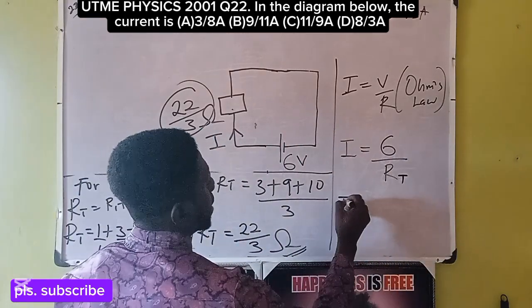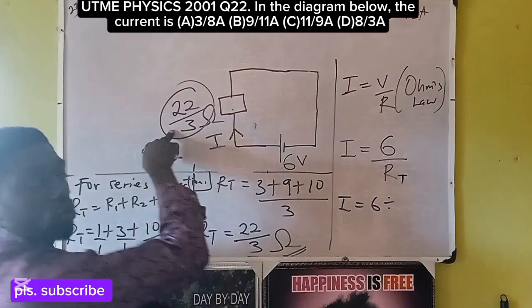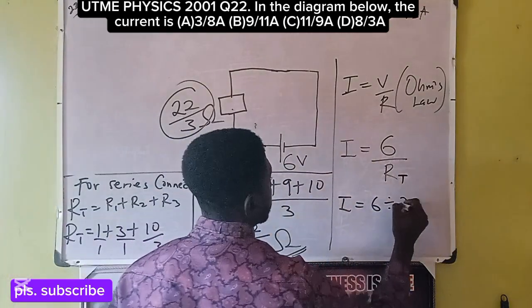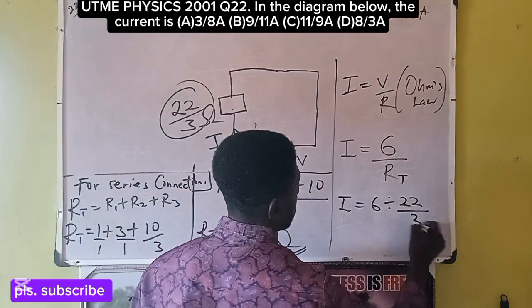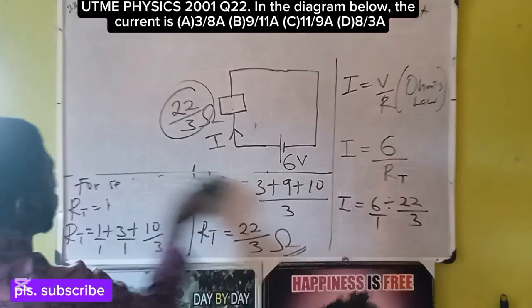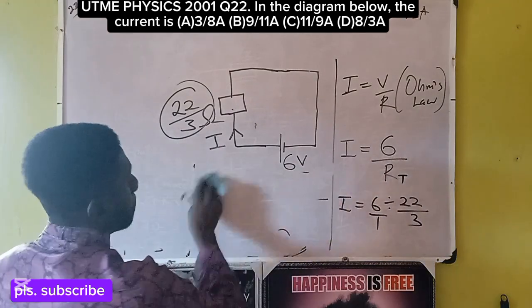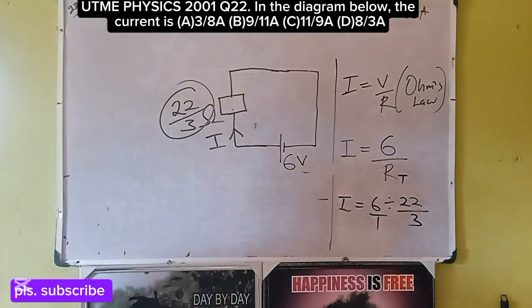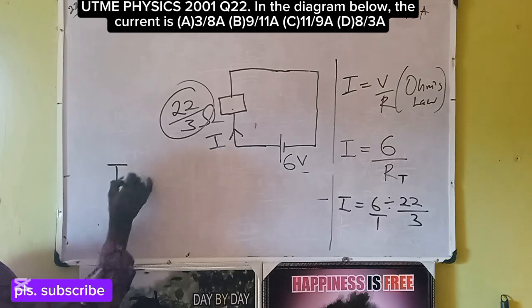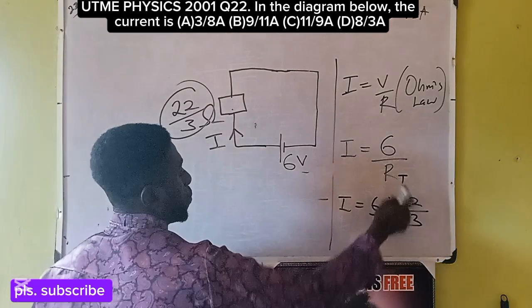Therefore, to get the total current, I is equal to 6 divided by our total resistance. The single resistance is 22 over 3, over 1. To continue from here, I is equal to 6 over 1 times the reciprocal.